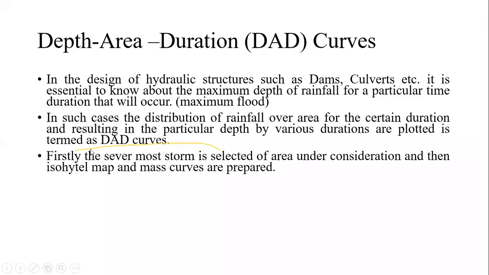So the steps are: firstly, we have to consider one of the most severe storms. Suppose that in the month of July rainfall has occurred due to various storms, meaning the 1st July, 2nd July, 3rd July, 9th July, 11th July, etc. Due to different storms, the rainfall has occurred. So firstly, we have to consider the most severe one, which has yielded the maximum rainfall.